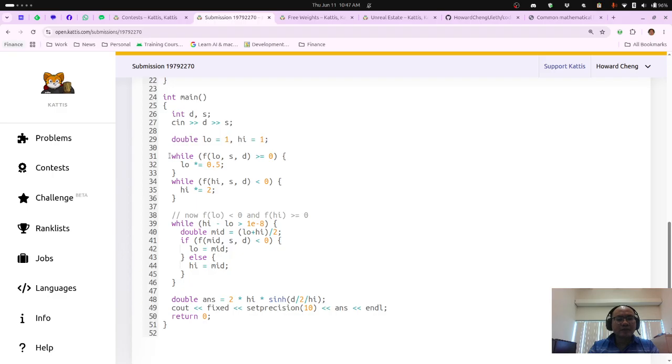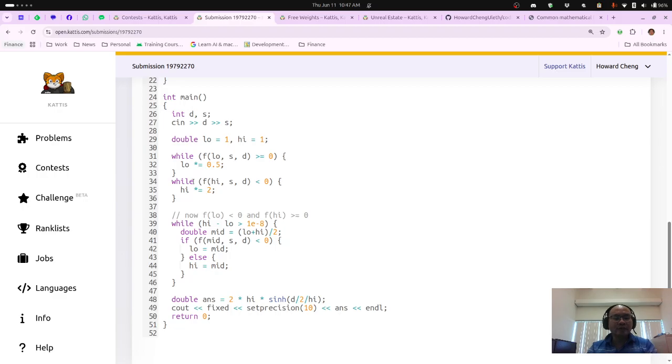But as long as f of low is not less than 0, I keep moving it smaller and smaller. So I go to 1/2, 1/4, 1/8, and so on. Because I'm basically halving every time, it will take me a logarithmic number of steps to get to the right place.